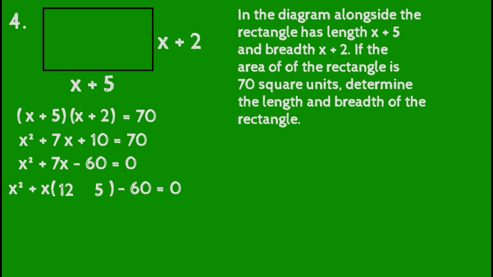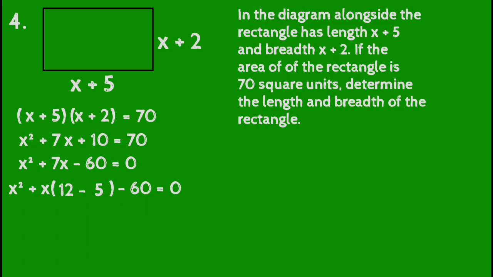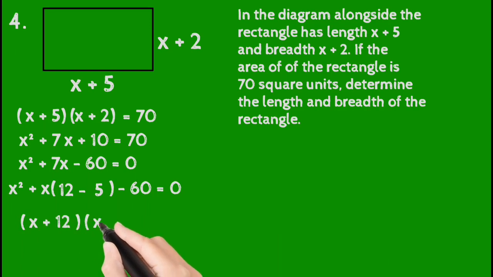So the two factors are 12 and negative 5. Which means our two binomials are x plus 12 and x minus 5, and all of that is equal to 0. One of the factors must be equal to 0. So x plus 12 equals 0, or x minus 5 is equal to 0.